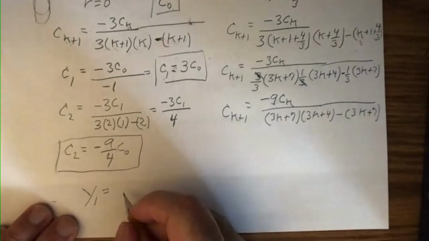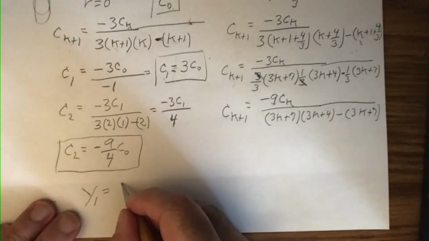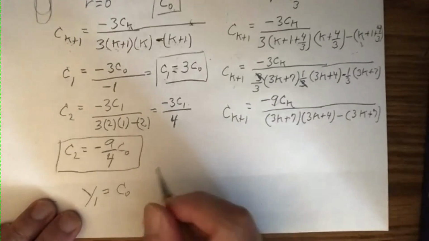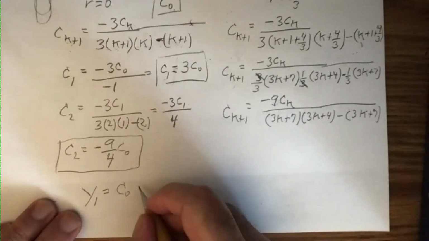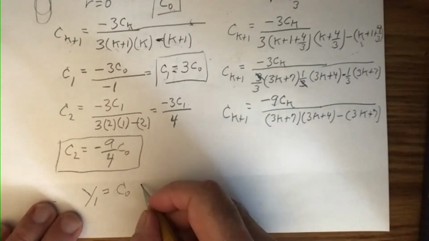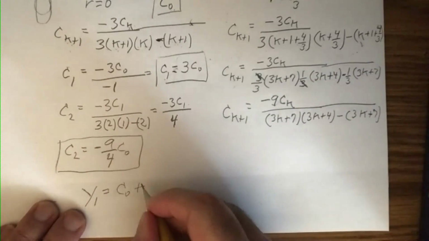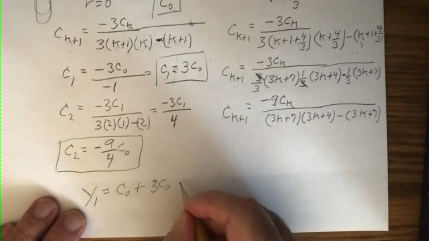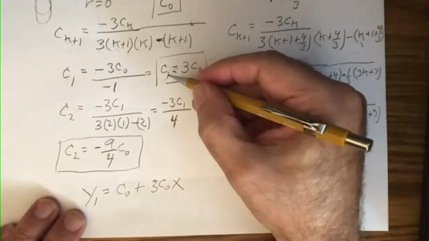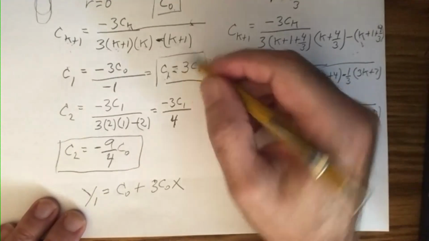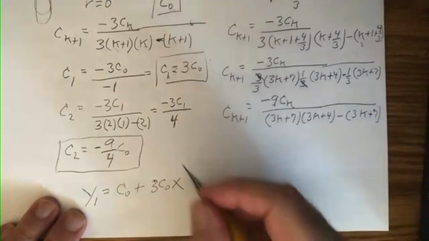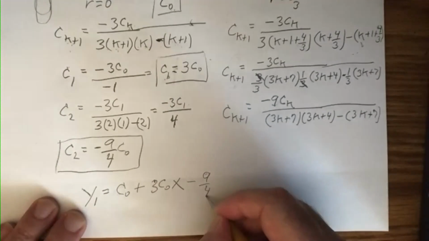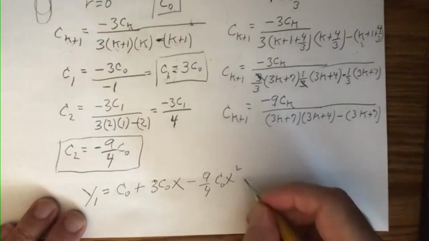Let me put in the C0. So it's going to be C0, and then plus 3 C0 times X. So in other words, the C1 is going to go with X. And then there's going to be minus 9/4 C0 X squared, and then higher order terms.